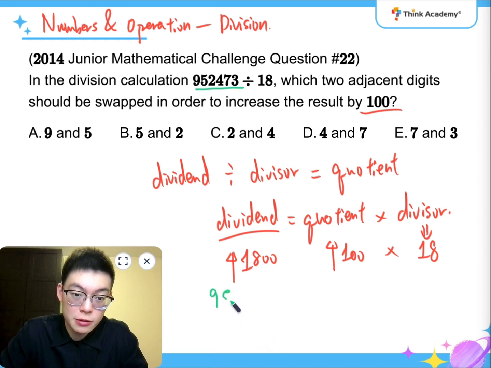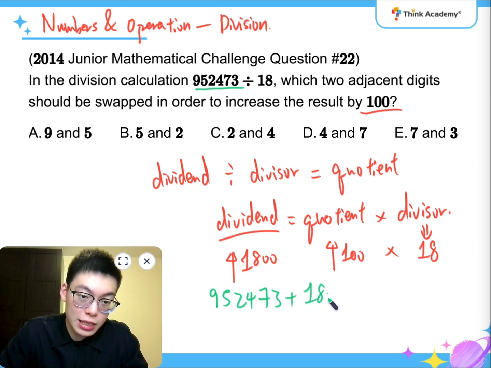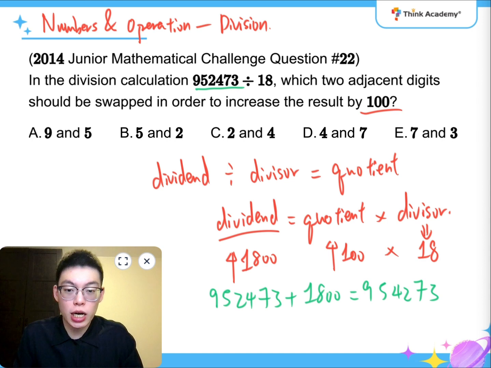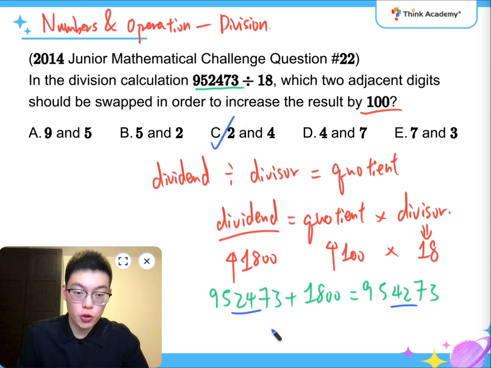So what is the dividend in this question? 952473. If you add 1,800 to it, you're going to get 954273. So which are the digits that are swapped? It's pretty clear. 2 and 4, right? So 2 and 4 are swapped.